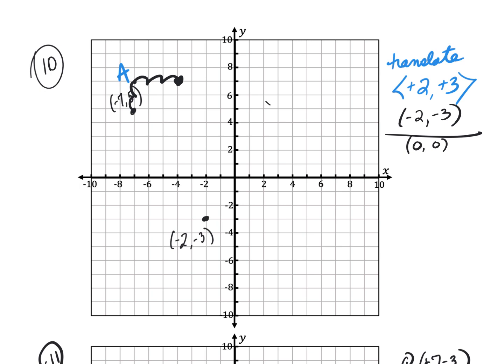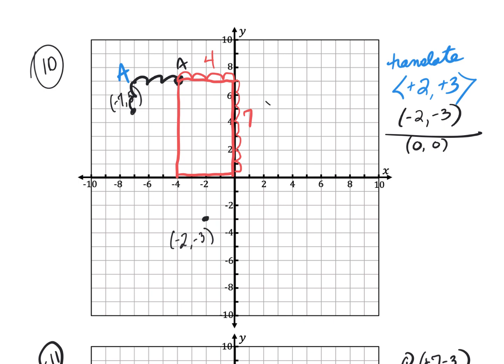Okay, so now this new point A, I'm going to rotate 90 degrees counterclockwise. So using my rectangular method of rotating around the origin, I'm going to draw my rectangle. So that way I have a height of 1, 2, 3, 4, 5, 6, 7, and a width of 1, 2, 3, 4.